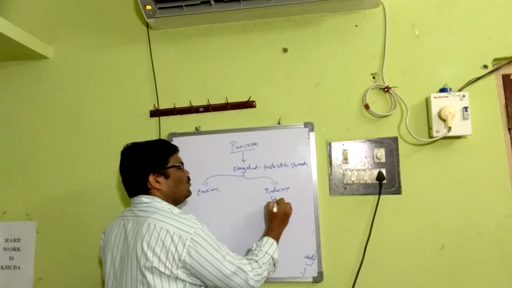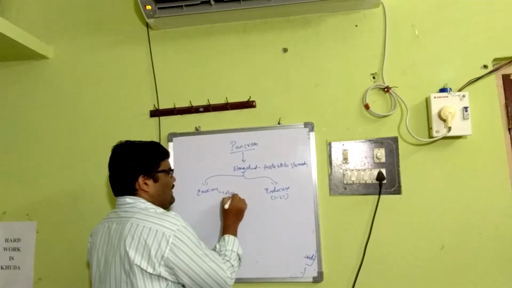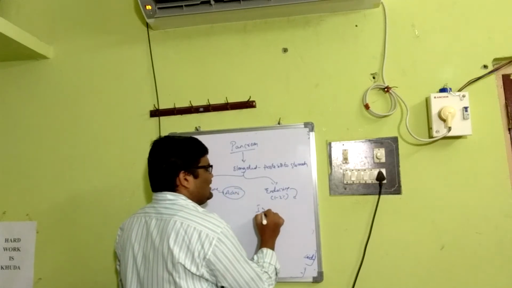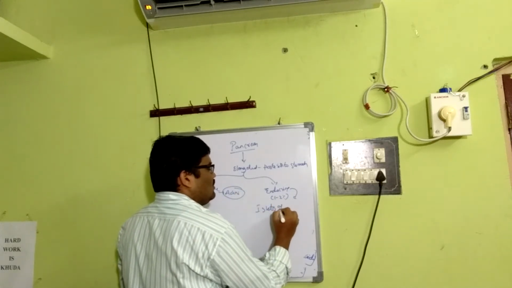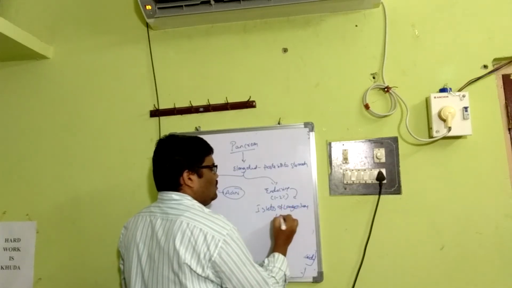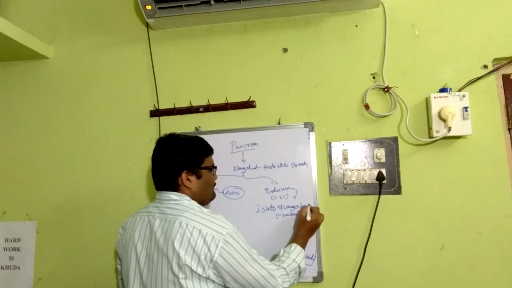The endocrine part is the least, around 1 to 2%. Here, the exocrine part is known as acini, whereas the endocrine part is known as islets of Langerhans. Around 1 to 2 million are present.